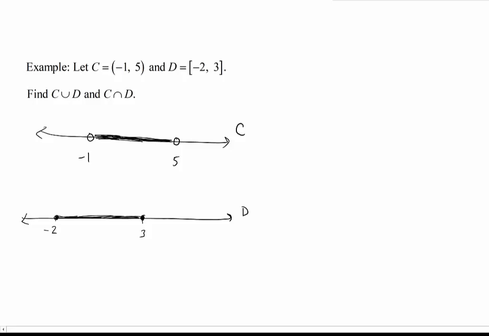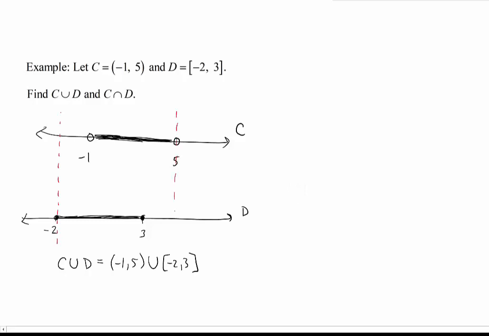So if we want to find the union of C and D, C union D, then we're going to union everything that's in this first set and the second set. So we can see what that is above. Remember, that is everything that's in one or the other or both. So it's got to go all the way from -2 up to 5.